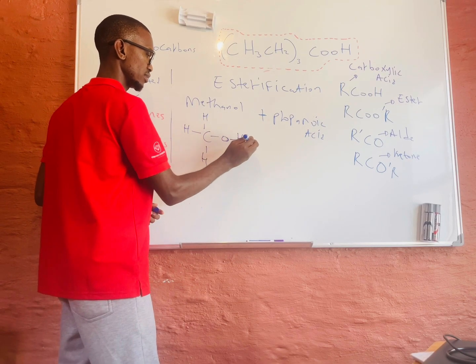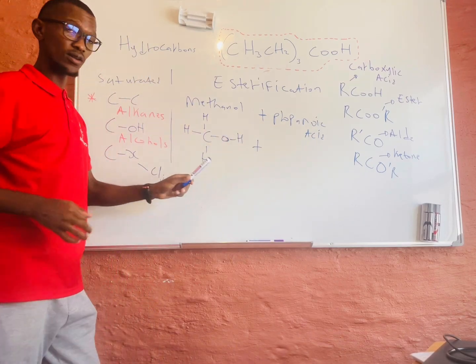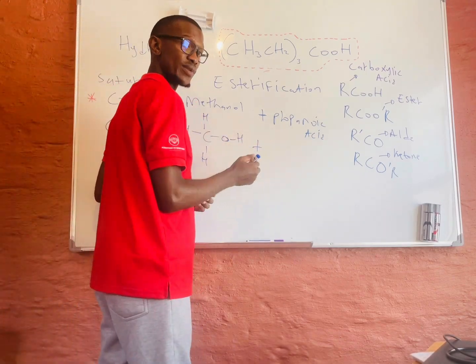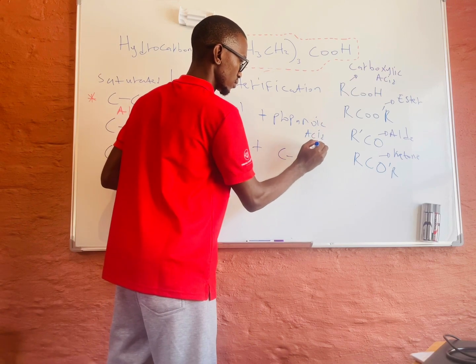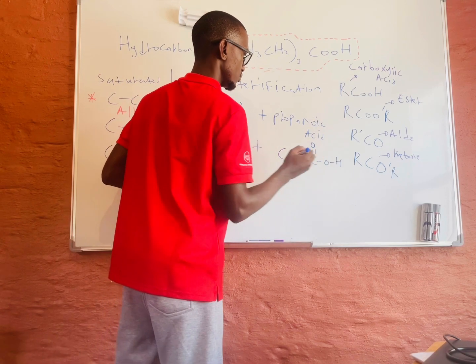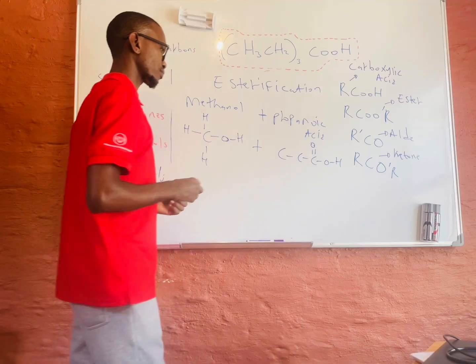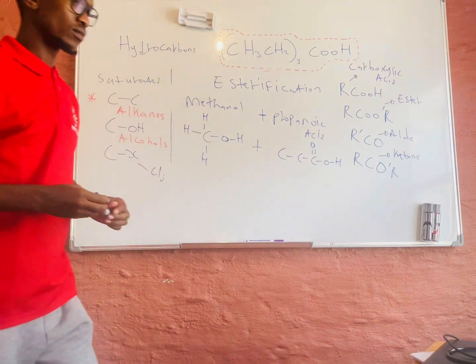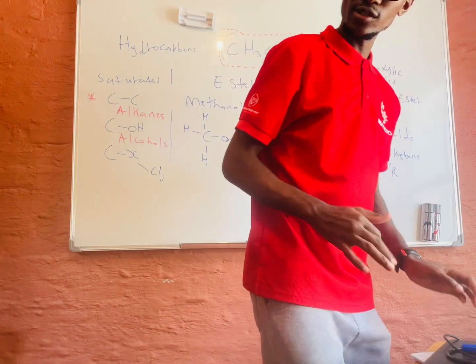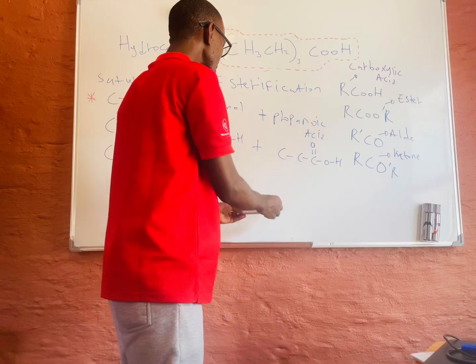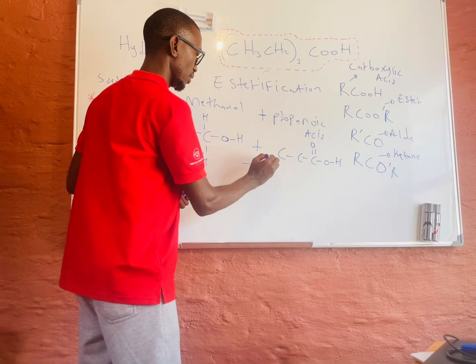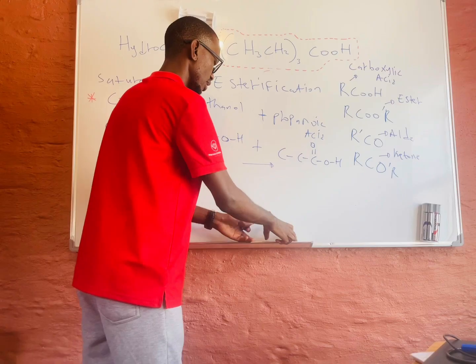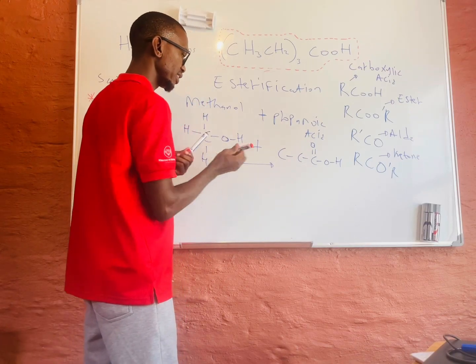Here you can see plus, that's your alcohol, and then propanoic we must have 3. So 1, 2, 3. There you go. So this is what's going to happen, guys. This thing reacts in the presence of what we call a catalyst. Our catalyst is known as H2SO4.